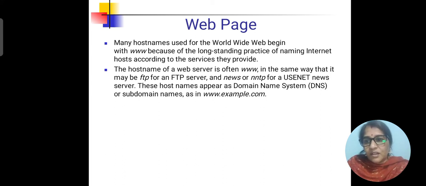Many host names used for the World Wide Web begin with www because of the long-standing practice of naming internet hosts according to the service they provide. The host name of a web server is often www, in the same way that it may be ftp for an FTP server and news for an NNTP Usenet news server.